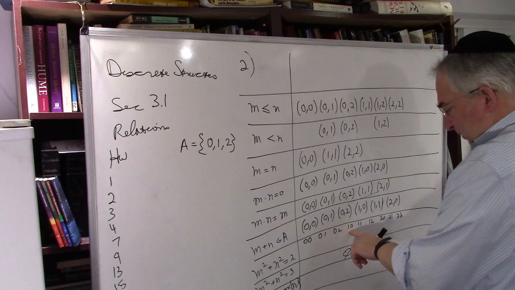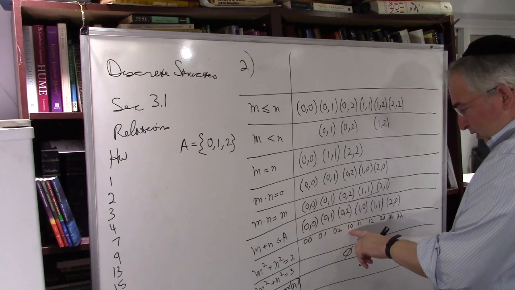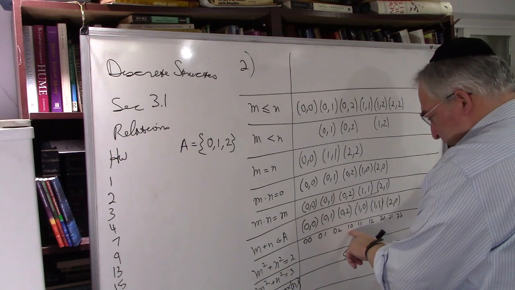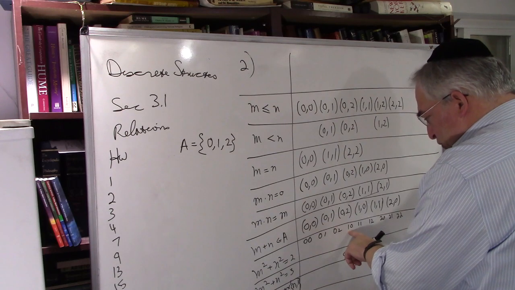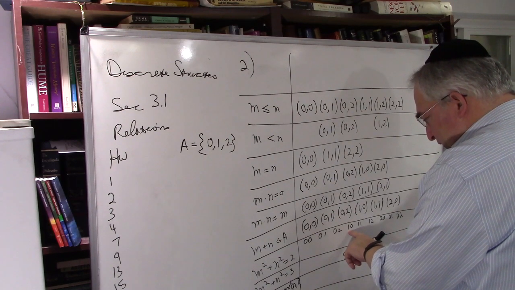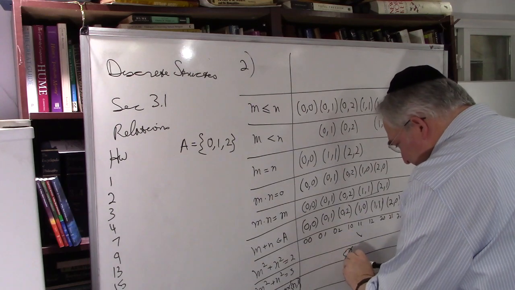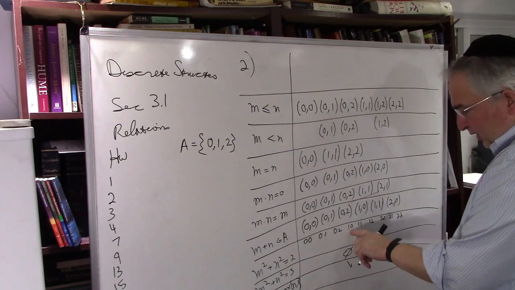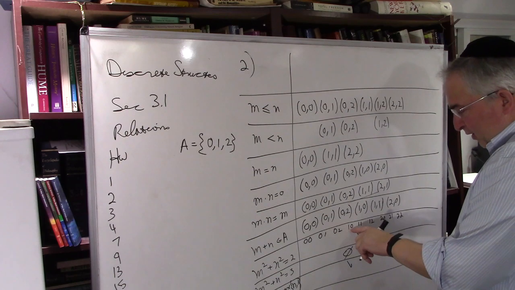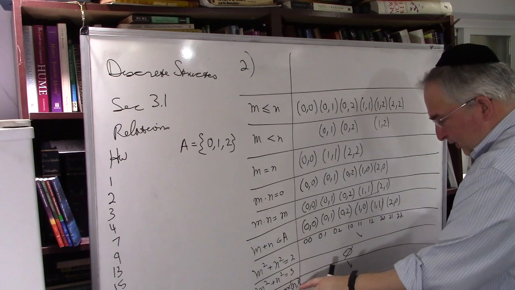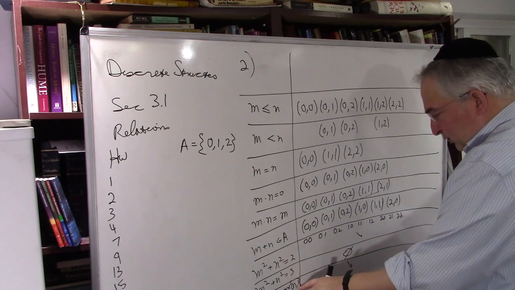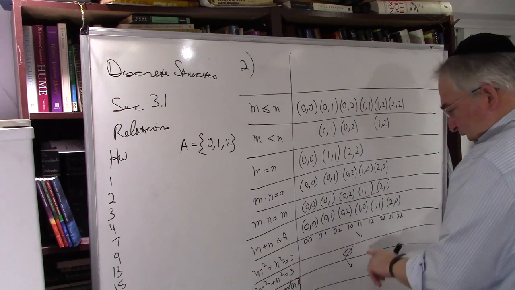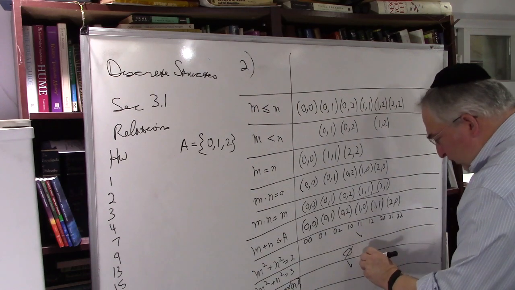No. The max of 0 and 1 is equal to 1. So that's in there. Let's do that again. The max of 0 and 1, n is 1, is equal to 1. So that's there. Okay, so this is in there.